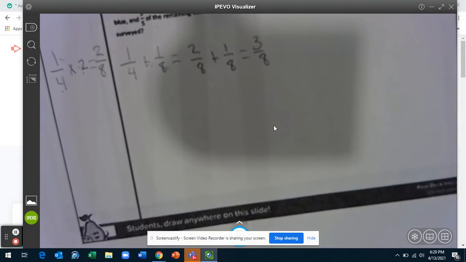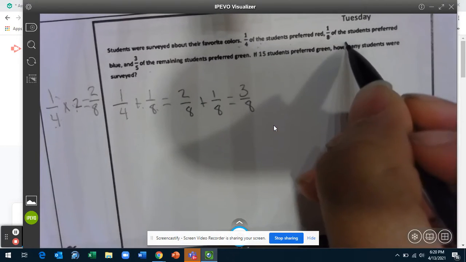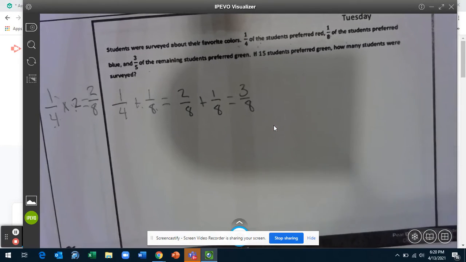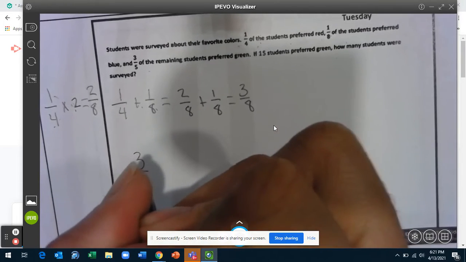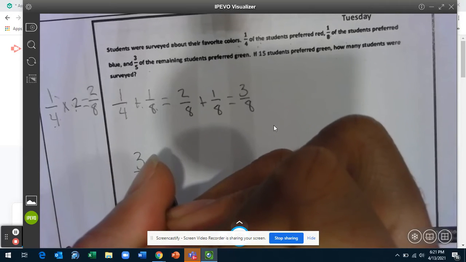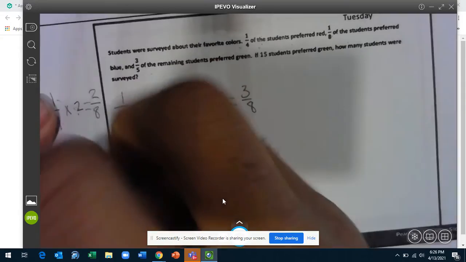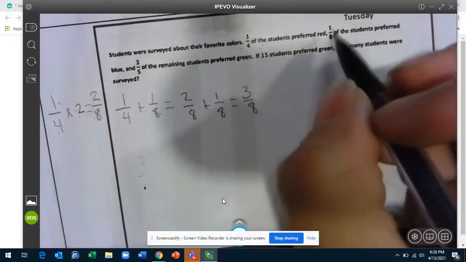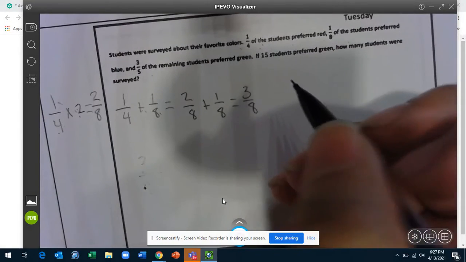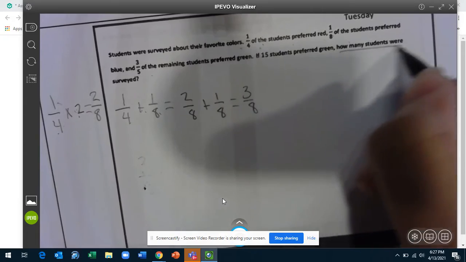All right. So now that we have 3 eighths, we know that 3 eighths of the students like red and blue. Red and blue. All right. So now we know that there's 3/5 of the students remaining, but we want to know how many students were surveyed in total.